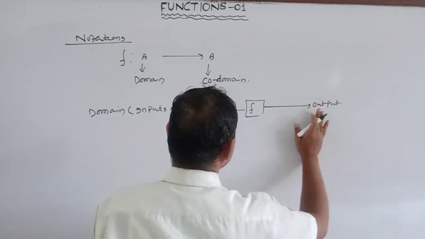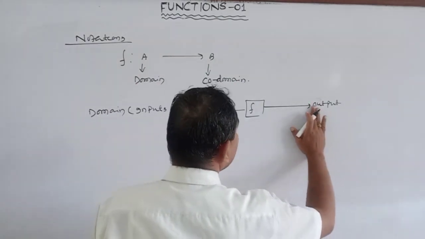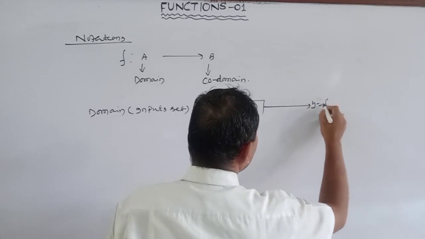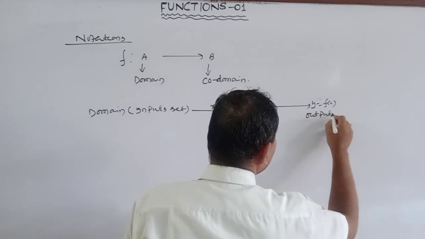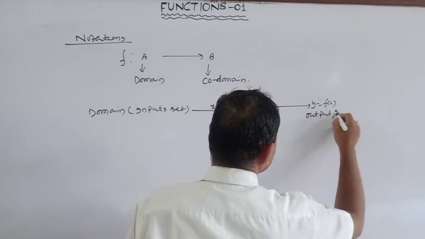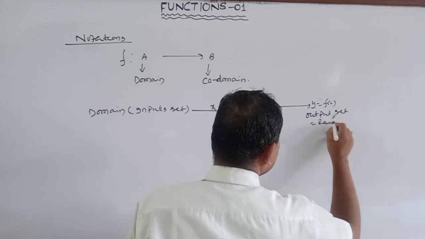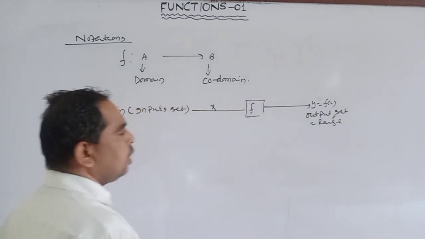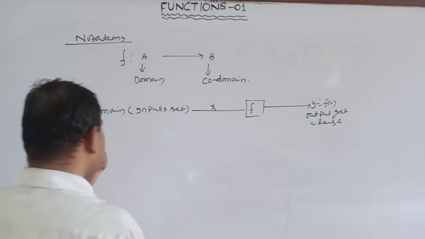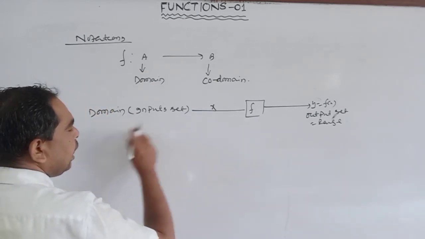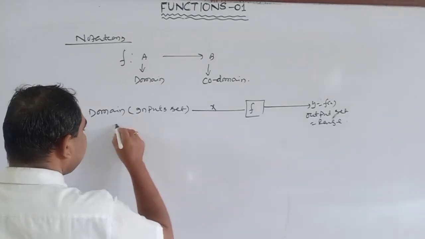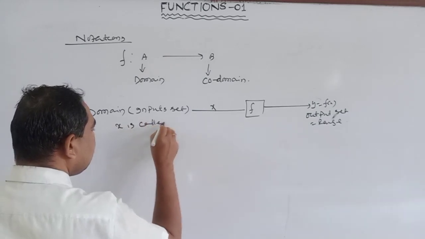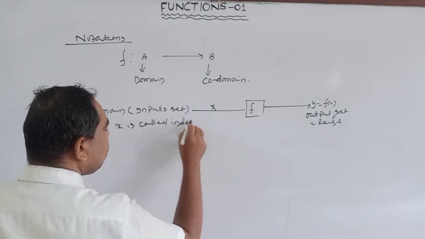This is y is equal to f of x. So this output set is equal to the range. x is called the independent variable.